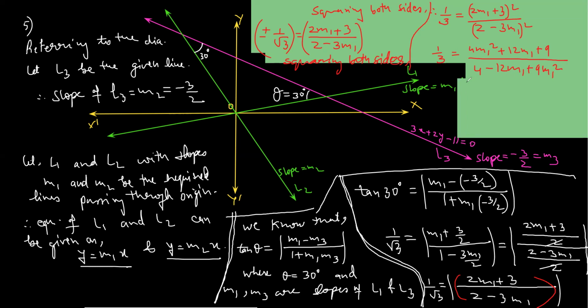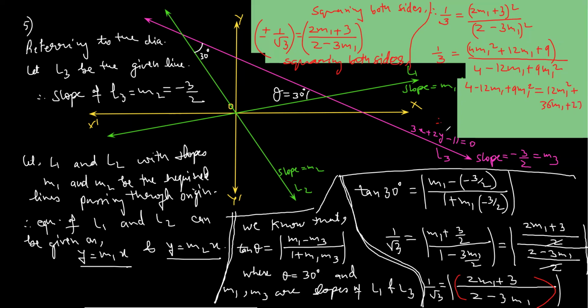I will get 4 minus 12m1 plus 9m1 square is equal to 3 times this, so you will have 12m1 square plus 36m1 plus 27.